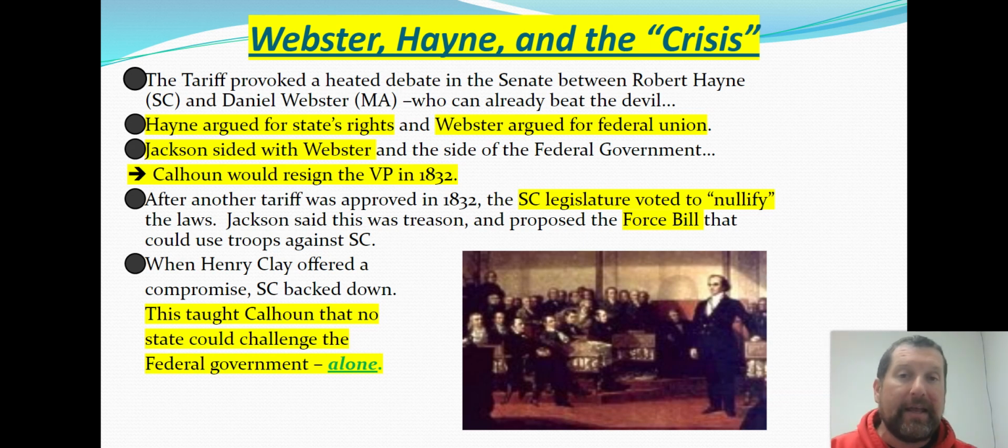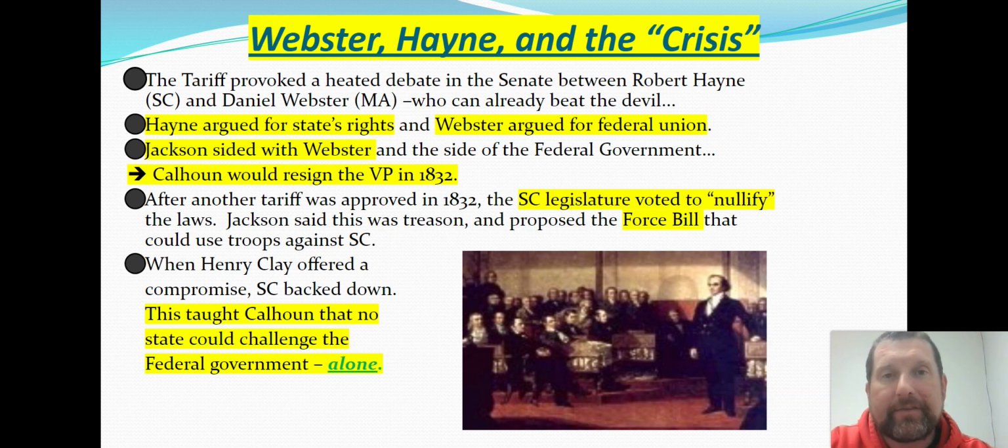But the lesson here isn't that you can't do that. The lesson that South Carolina, and John C. Calhoun, takes from here is that no state can challenge the federal government alone. And so it's this notion of nullification that is going to plant the early political seeds for how the South feels about their own union with respect to states' rights and secession.